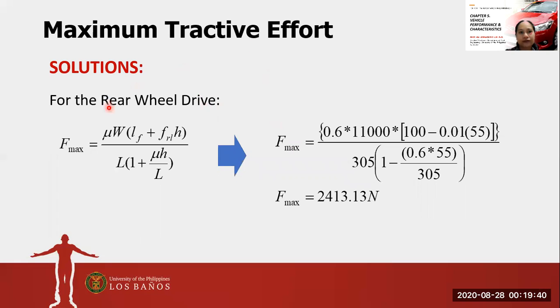Next, let's solve for the rear wheel drive. Using this formula that we have seen in the previous slide and substituting the values of the coefficient of adhesion, the weight, the distance from the center of gravity to the front wheel, the f and the H, and other information here, we are able to calculate the Fmax for the rear wheel drive, which is equal to 2,413.13 newtons.